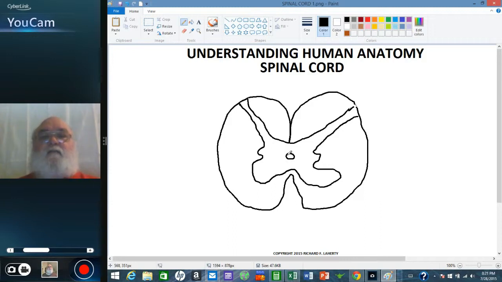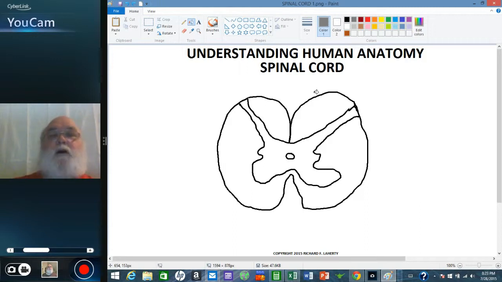And what I want to do first is point out that there's two colors when you look at a fresh spinal cord. This has nothing to do with any staining or chemicals added to it.